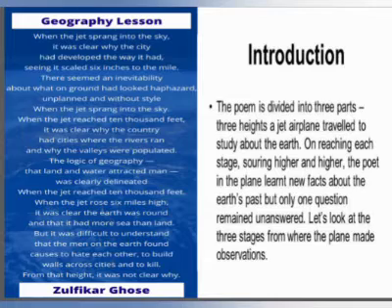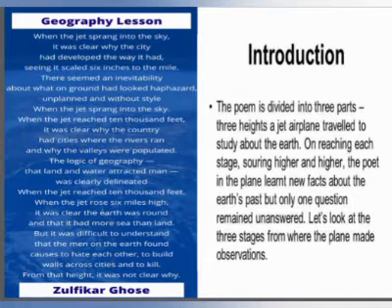Introduction to the poem Geography Lesson. Now the poem is divided into 3 parts. Here 3 heights of a jet plane and how it travelled to study the earth are described by the poet.